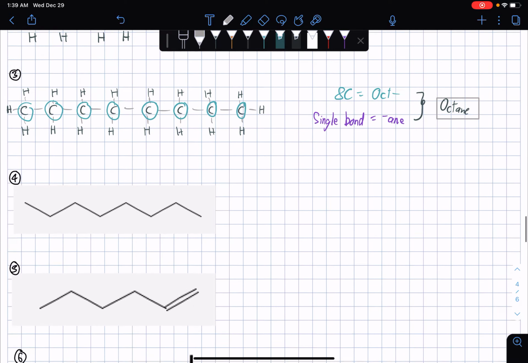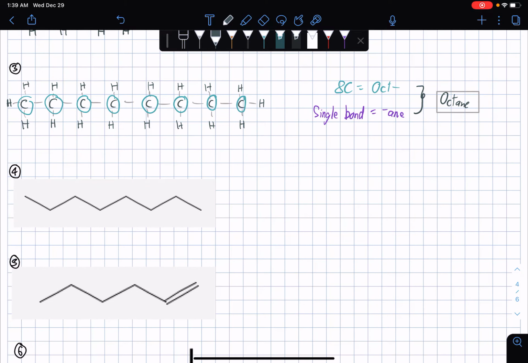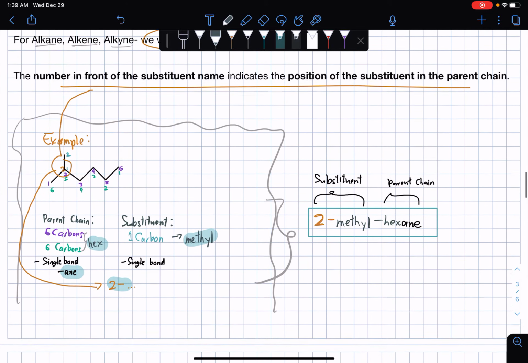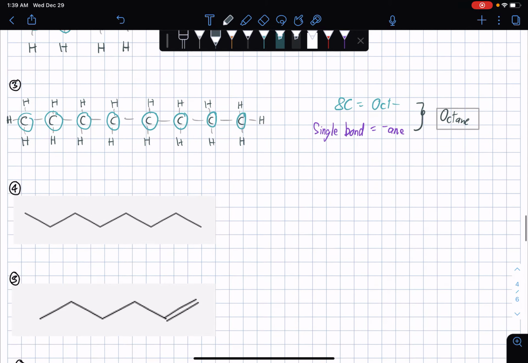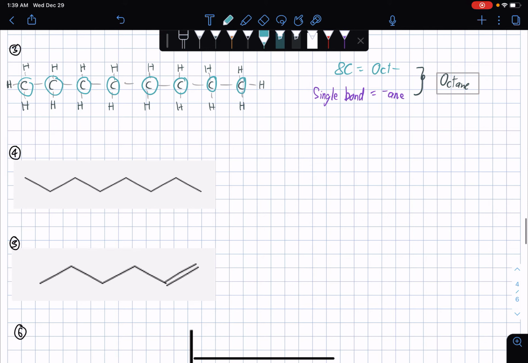Now, let's move to number 4. This time, our structure is similar to the single example that we solved in the previous video. So, for number 4, let's count the number of carbons. The carbons will always be represented as the points in the zigzag line.